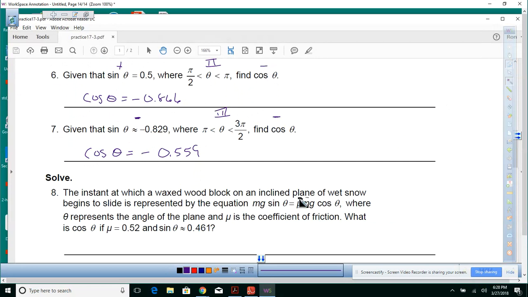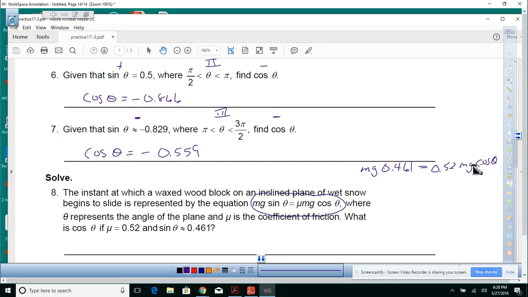So we've got this equation right here. Let's set this equation up. We've got mg sine theta, that's going to be 0.461, equals 0.52 mg cosine theta.